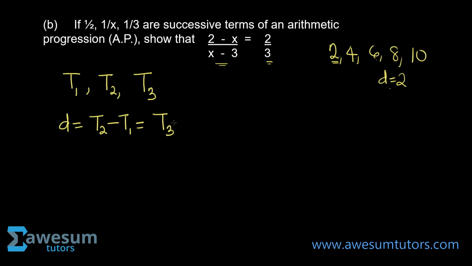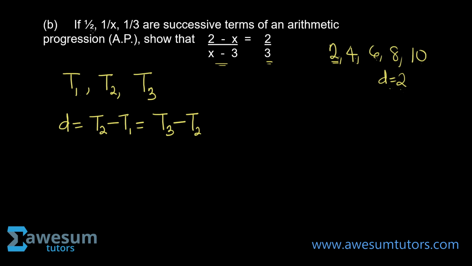That should give me the same value, which is what we did here: 4 minus 2 gives me 2, 6 minus 4 gives me 2, 8 minus 6 gives me 2, 10 minus 8 gives me 2. So T2 minus T1 gives you the common difference, and T3 minus T2 also gives you the common difference.